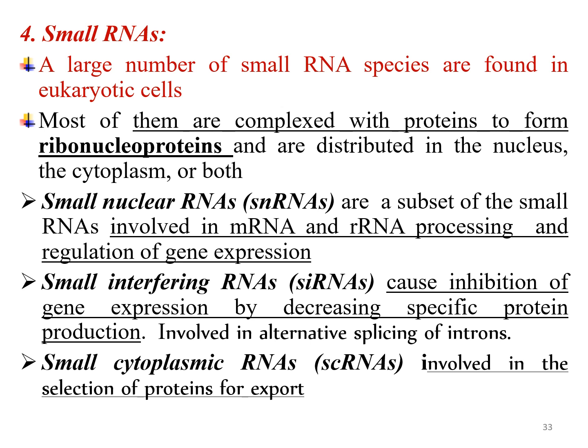Small interfering RNA causes inhibition of gene expression by decreasing specific protein production. Small nuclear RNA is involved in splicing of introns from exons, and small cytoplasmic RNA is involved in the selection of proteins for export.